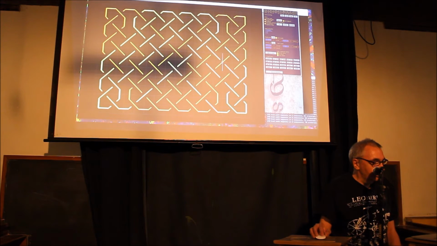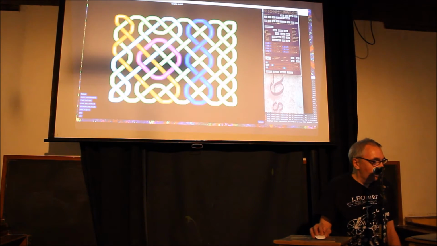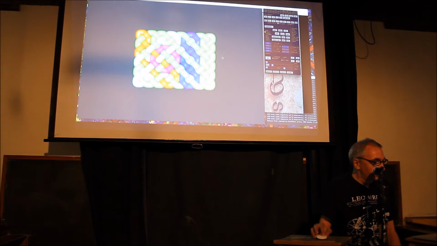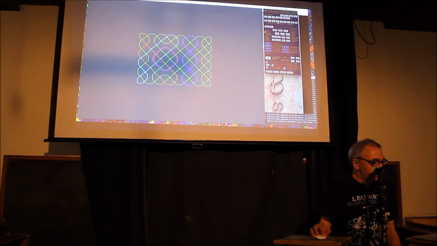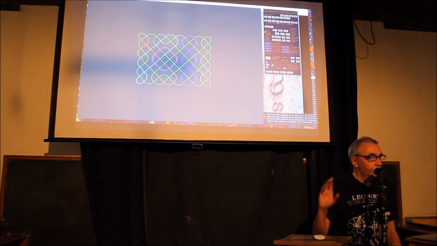Anyway, you can see that this is a slightly tedious operation, but you can eventually get what are starting to somewhat look like Celtic knot diagrams. So, and you can copy that into the main area and oops. So anyway, that's sort of one of the secrets.